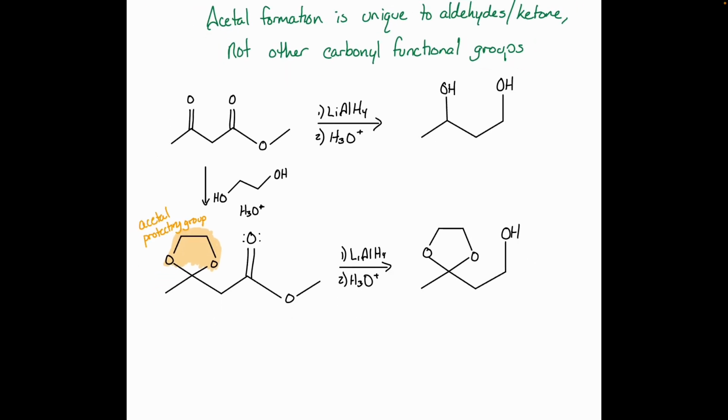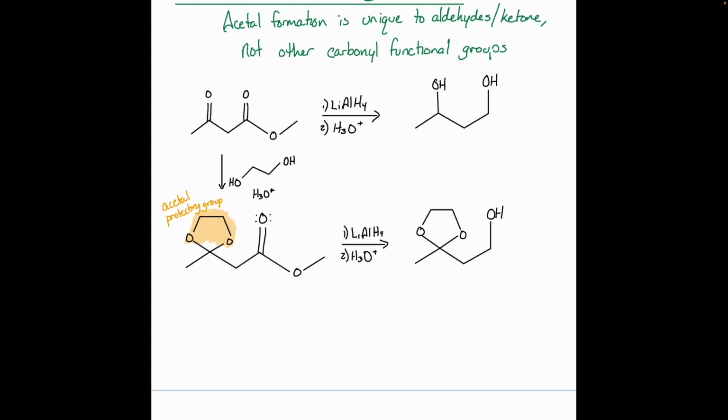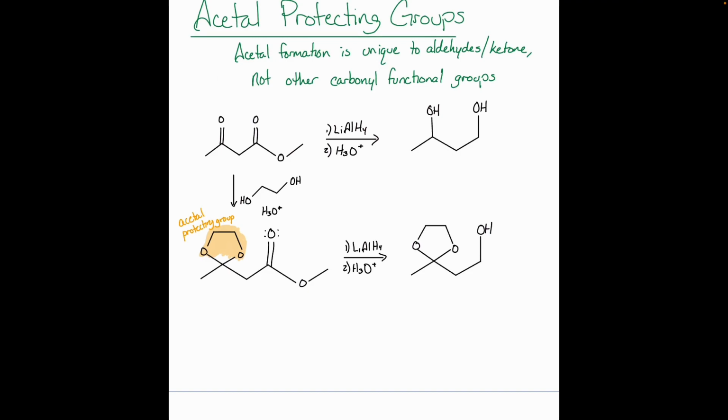Okay. But the feature of any good protecting group that's really important is you need to be able to get rid of it. At the end, you don't want it anymore. All right? And so we can reverse that reaction, that acetal formation reaction, by just using a large excess of acid and water.